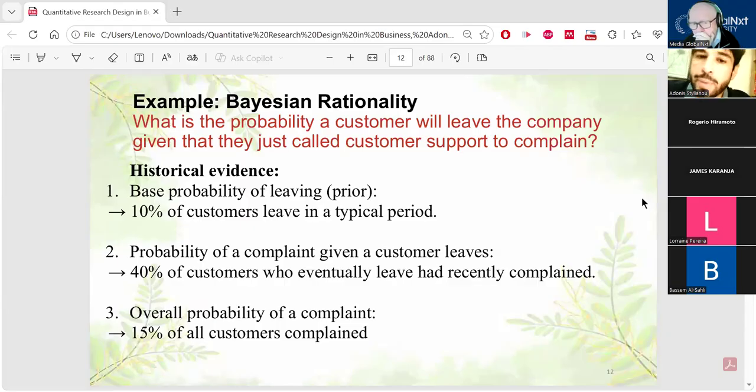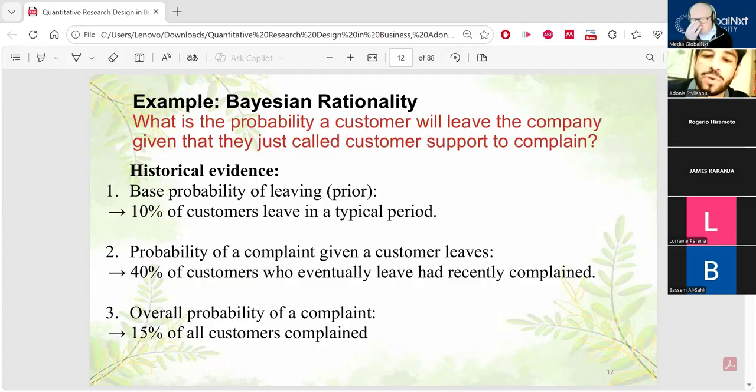What is the probability a customer will leave the company given that they just called customer support to complain? So we have, first of all, a conditional probability, right? Somebody is complaining. We want to try and find out what is the probability this customer is going to leave the company. The first thing we do is to identify relevant historical evidence, right? What do we know already?